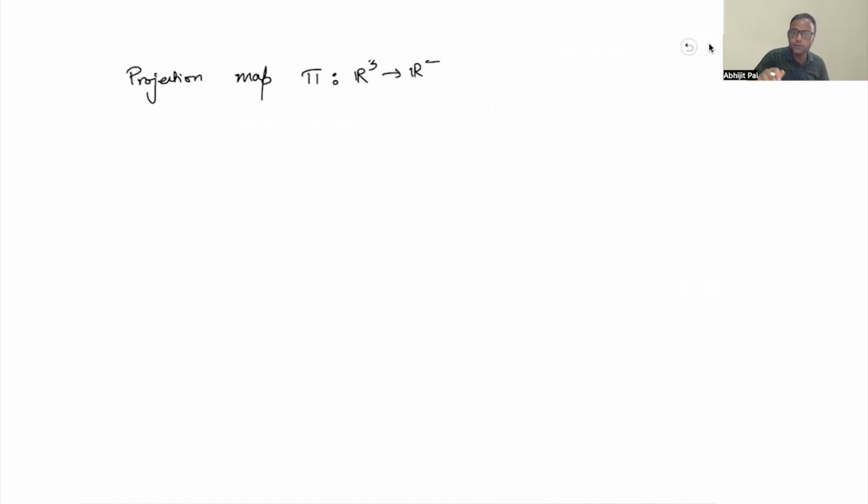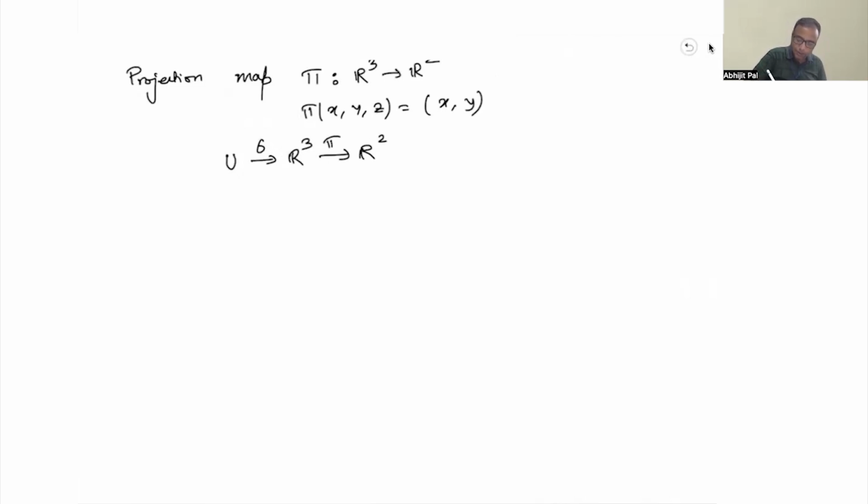So you're projecting to the xy plane. So pi of xyz is x comma y. Okay, and so now you have this function, u to R3 to R2. So pi is a map from R3 to R2, and sigma is a map from u to R3.